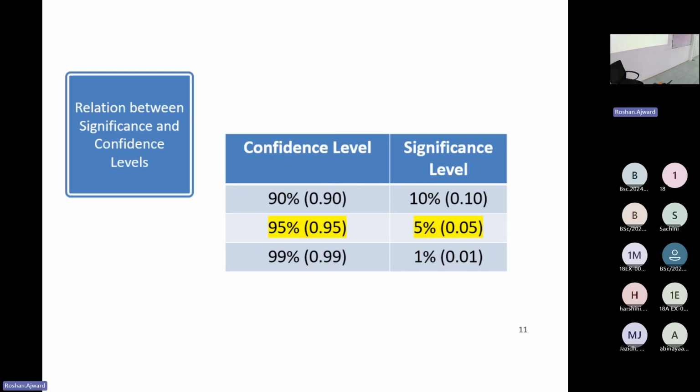So would you prefer a higher confidence level? Yes. On the other hand, would you prefer a higher significance level? No. A lower significance level, less than 0.05. Is that clear? You have to be absolutely clear with this.